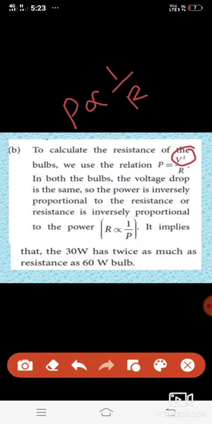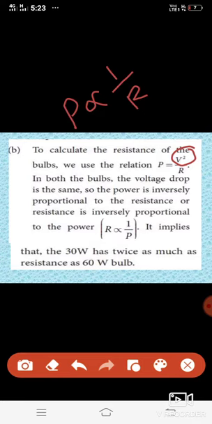It implies that the 30 watt bulb has twice as much resistance as the 60 watt bulb. If the resistance is high, the power is low. If the power is high, the resistance is low.